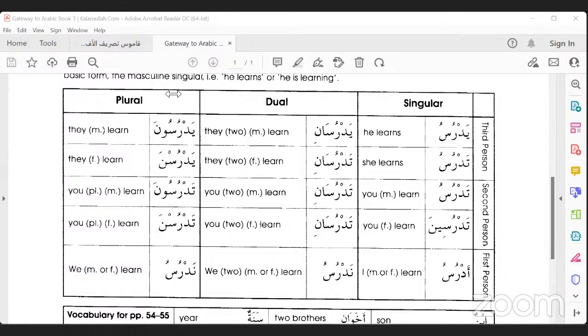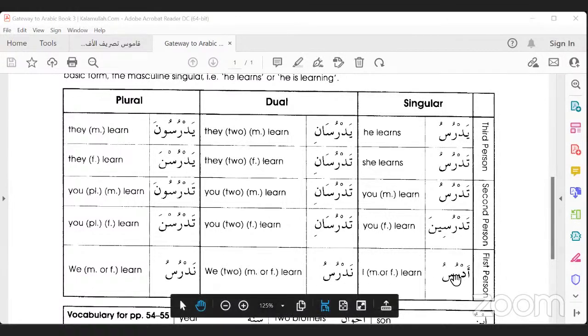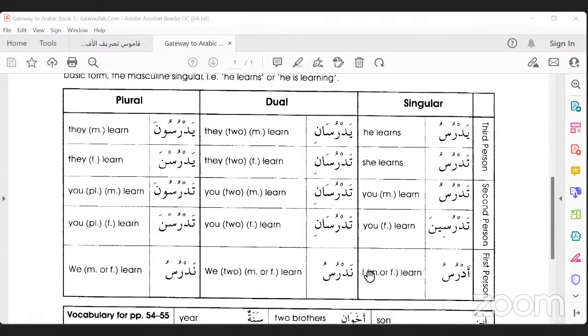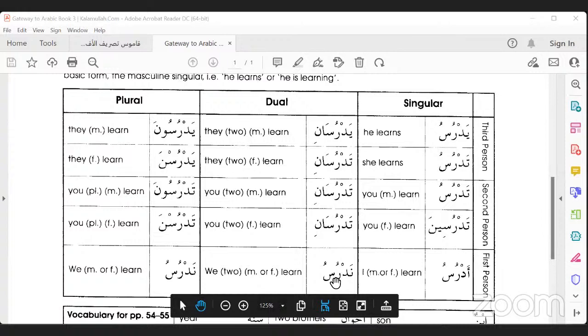Tadrusani, you two learn, tasniya for two male. Tadrusuna, you all learn, for plural male. For female, Tadrusina, you female learn. Tadrusani, you two female learn. Tadrusna, you plural female learn. For first person, male and female both. Adrusu, I learn, for male and female both. Nadrusu is both for male and female, for tasniya and for plural.